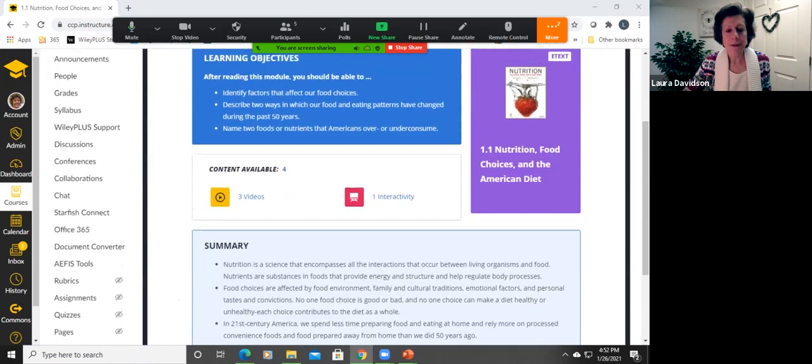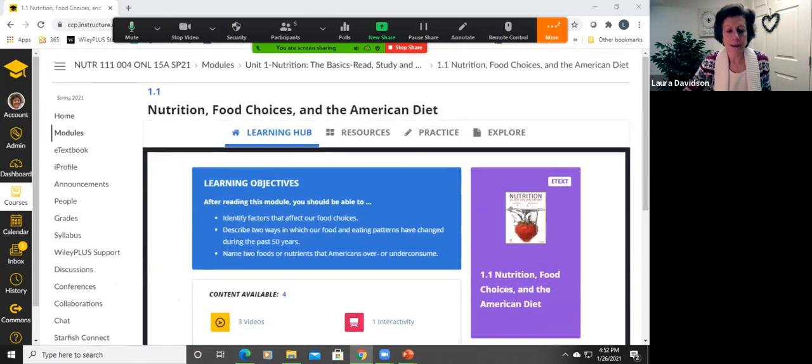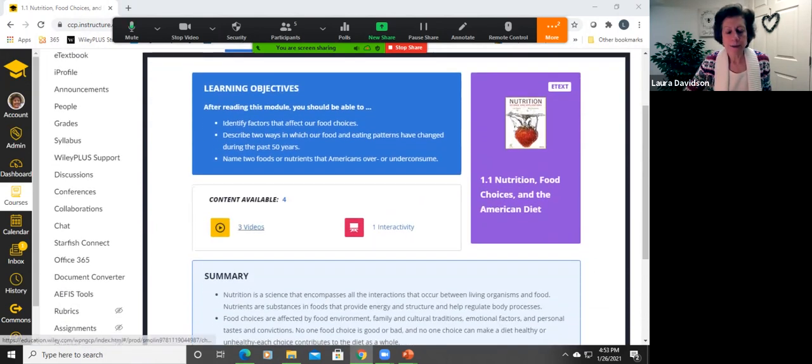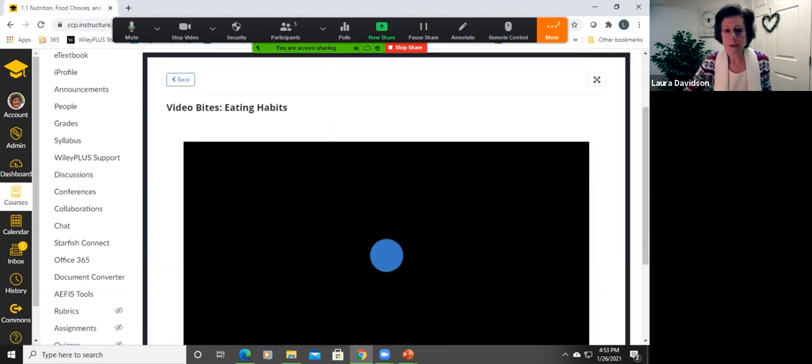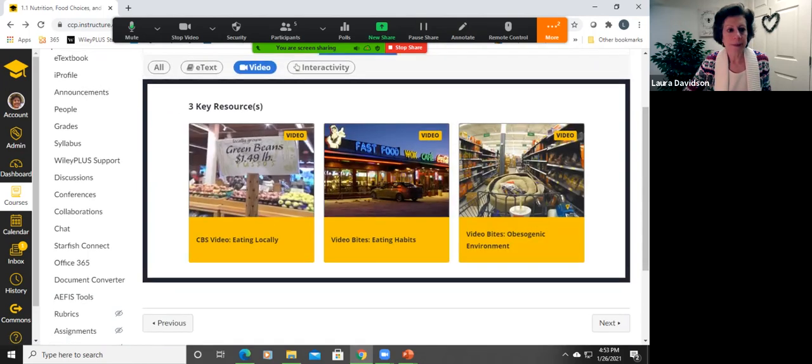If you click into the chapter right underneath the module, the unit, we should be able, let's see what comes up when we do. Yeah, so we can get to them this way too. This is eating locally, what's part of the video quiz. And here's 2 video bites. So if we click on that, there it is, voila. So let's check that again, okay?